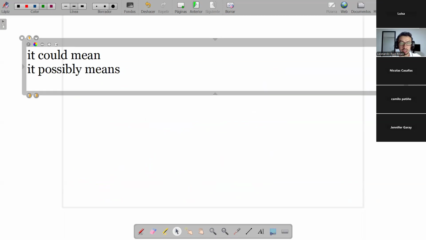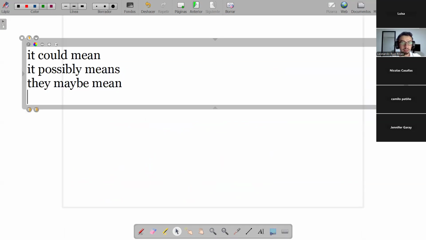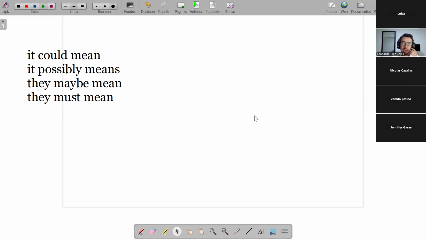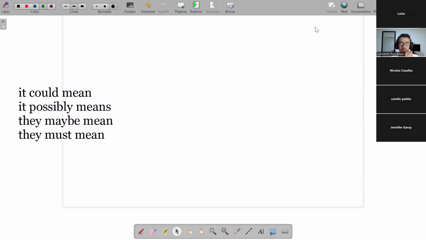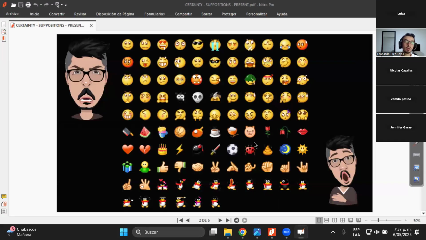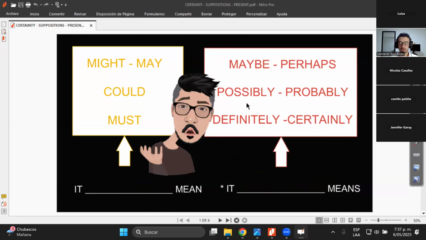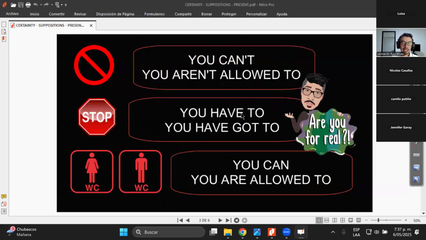O, for example, si son plurales, they maybe mean, right? Or they must mean, depende, ¿no? Y luego, pues, el significado de las cosas. Entonces, la primera parte era aprender a cómo expresar cuando estoy seguro o no estoy seguro de algo, usando simplemente modales y adverbios, right?